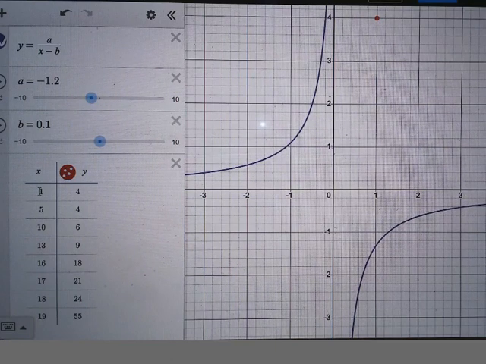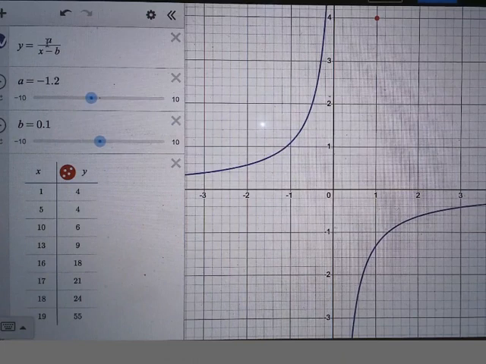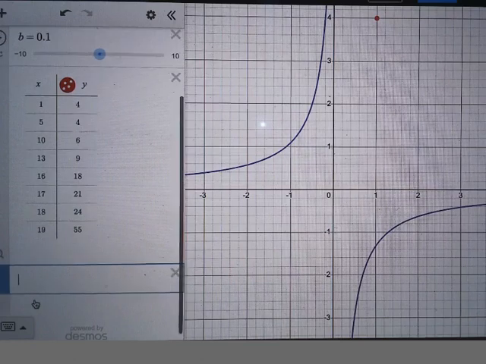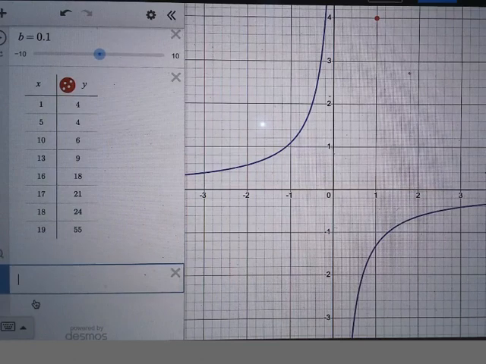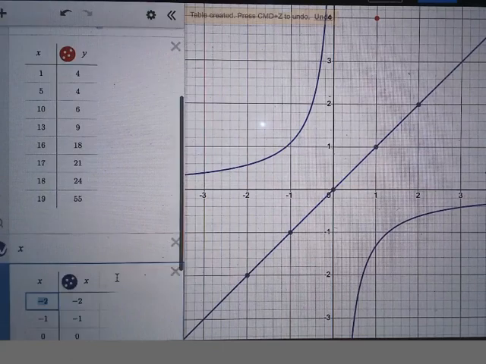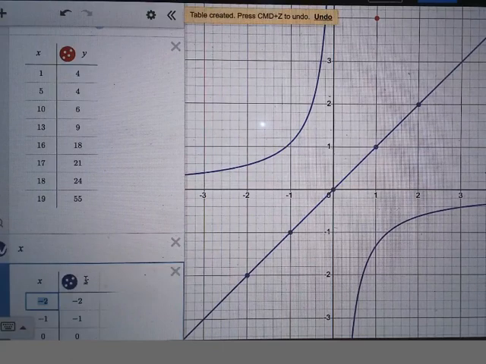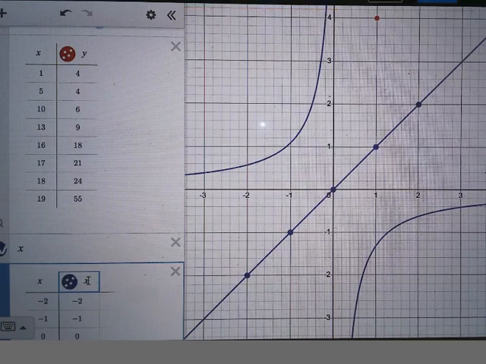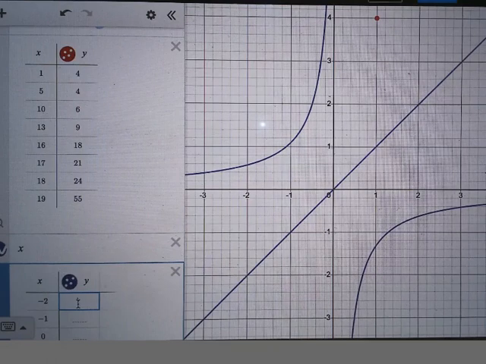Okay, I've graphed the data. Now, if you don't know how to do that, you can just click on like an equation. I'll go down here and do one. I'll just type in x. Then I'll type the wheel, and then I can make a table from that, and I can get rid of my x, or leave it on, but change it to a y, and then I can just type in my values for x and y, and it'll plot them.